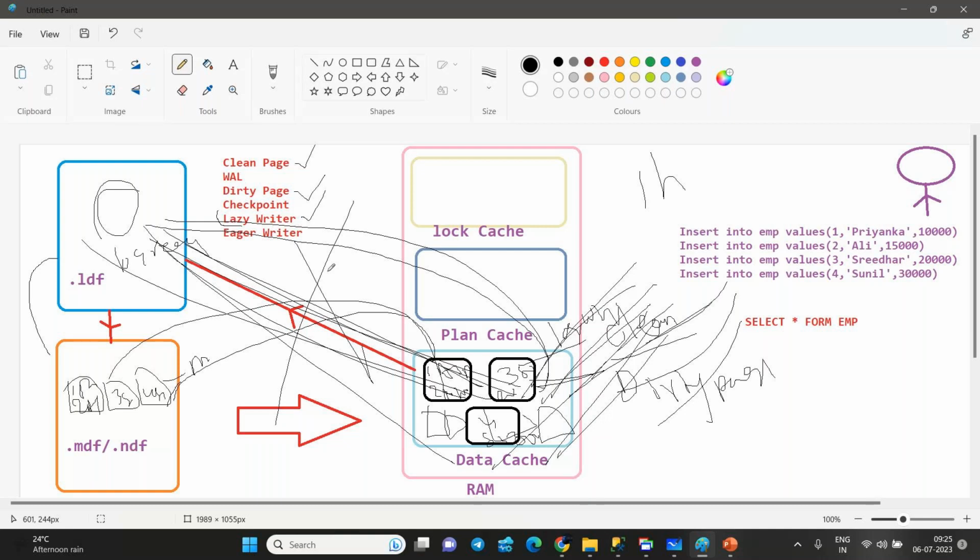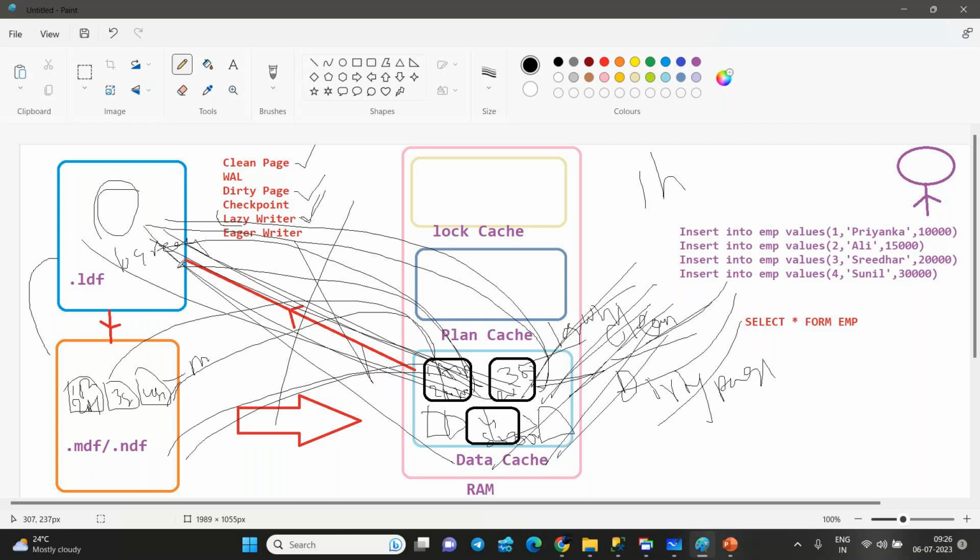Whenever it feels that your RAM is almost getting full, lazy writer invokes and moves the data to the disk, to the log file. Just as the checkpoint does, lazy writer will do the same first.